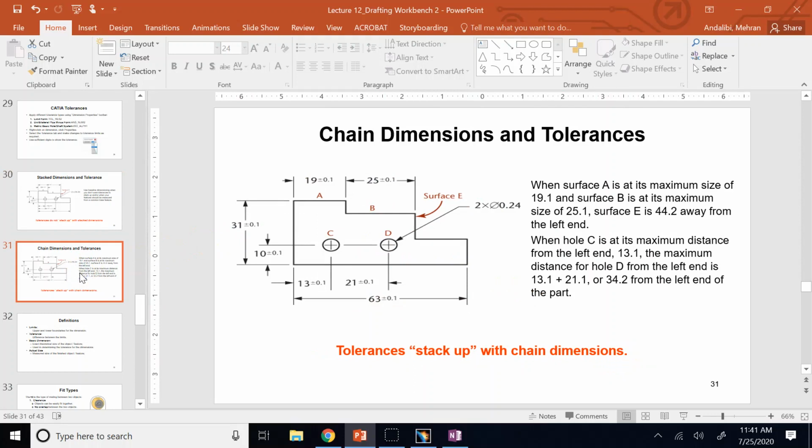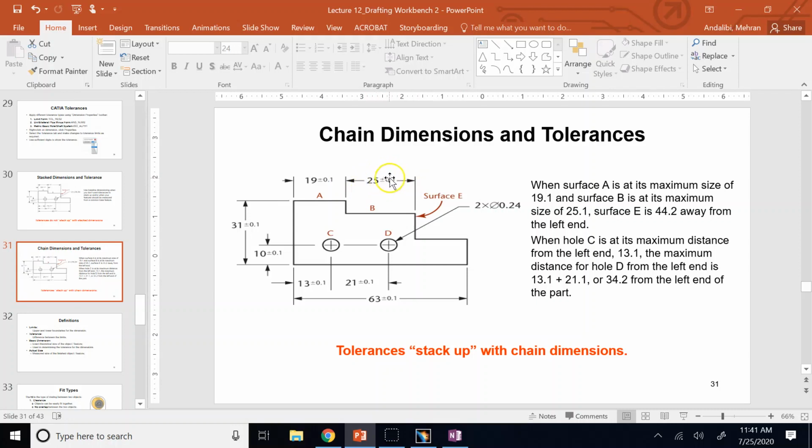But that's not the case for chain dimensioning. What do I mean? If you make the first part of the chain 19.1 and make the second part 25.1, and then the third part, which in this case is 19 again, make it also 19.1, what happens to the overall size? Again, you make each and every one of the parts of the chain 0.1 bigger, because you are allowed to do so, right?